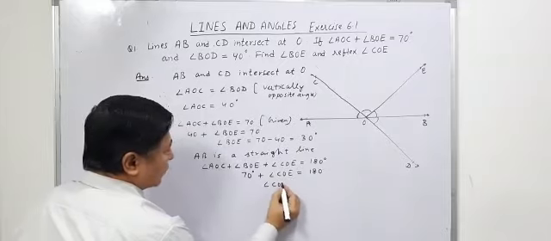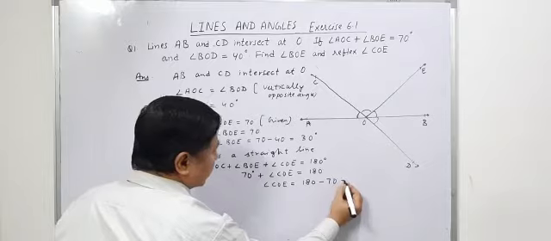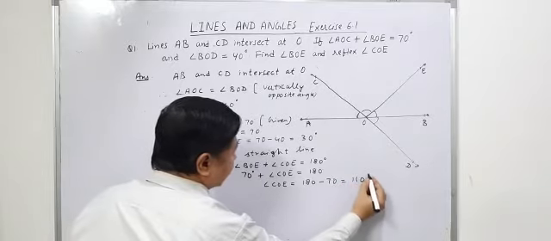So angle COE is equal to 180 minus 70 degrees, that is equal to 110 degrees.